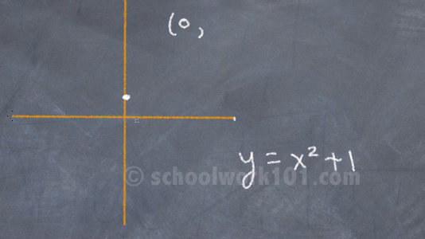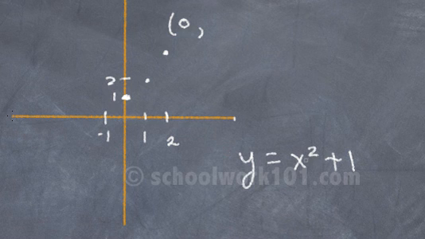Plug 1 into this, and we would get 2 out. Plug 2 in, so 2 squared is 4. 4 plus 1 is 5. Okay, we can plug some negatives in also.